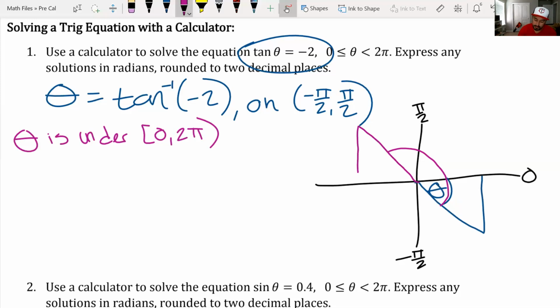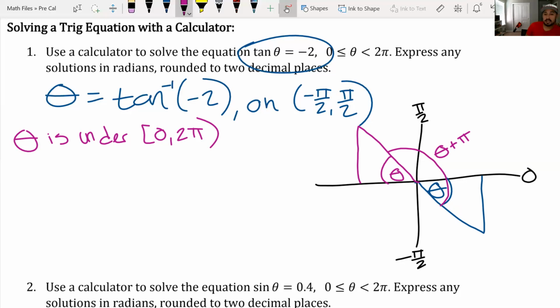This should put me in quadrant 2. So what I'm doing is saying theta plus pi. That's how we're going to fix this.